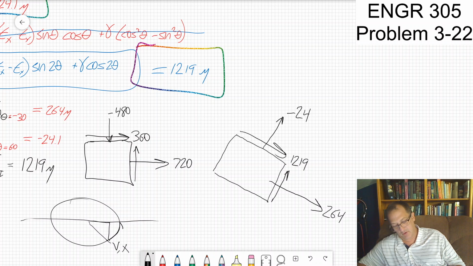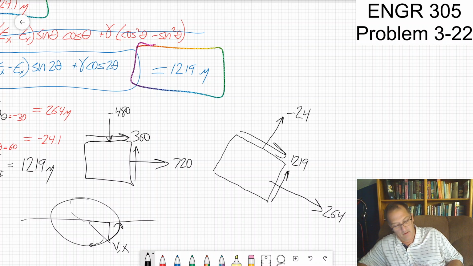And then I'm going to rotate up in a positive way to get to my principal. Well, I didn't rotate up, I rotated down. So that's going to get me farther away from where I need to go.